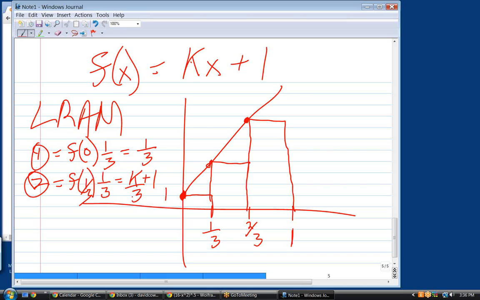plus 1. But then we have to multiply that by 1/3, so we get k over 9 plus 1/3. There's the area of rectangle number 2. Because remember we're solving for the area of a rectangle, so we have to multiply by the base also.